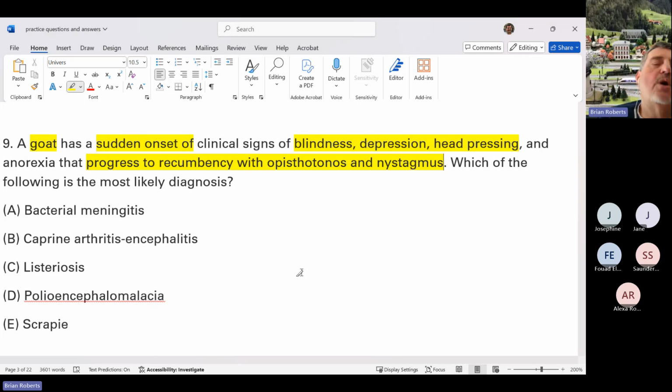So almost always when there is a question on NAVLE and it's a neurology question, it's going to involve figuring out where in the neuroanatomy the lesion is, right? Is this above the foramen magnum? Is it a brain lesion? If it's a brain lesion, is it affecting the brain stem, right? What is happening with our cranial nerves and with our level of consciousness? Is it a spinal cord issue, right?